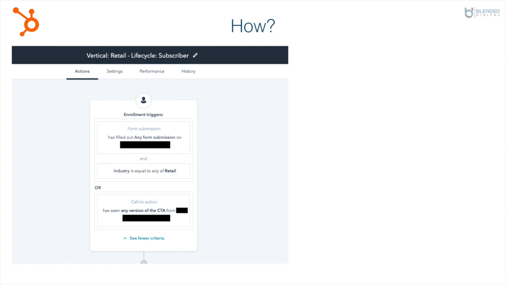As you can see here, we've got the workflow that we labeled for their particular vertical target, which was retail clients they want to target, and the life cycle stage they were in, subscribers. In terms of the inbound methodology, that means they're currently at the awareness stage. They're still umming and ahhing and looking for a solution to their problem, and they might not even be sure what their problem is.